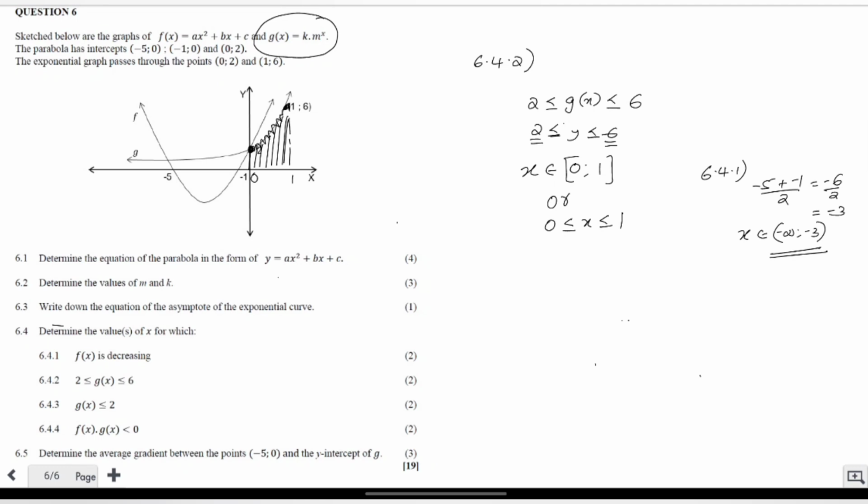All right. The next question is also the same type of question. Let me rub it. What is the next question? 6.4.3. G of x. Again graph. What is that graph? G of x is an exponential graph, right?